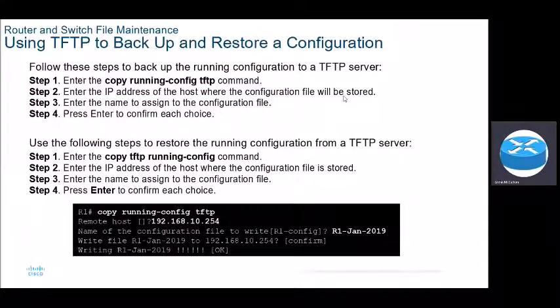Now, there are other ways you can back up a config file. In this case, we're copying it to a TFTP server. TFTP, of course, is Trivial File Transfer Protocol. And so basically, you can do copy running config to TFTP. It will then prompt you what IP address is that TFTP server.